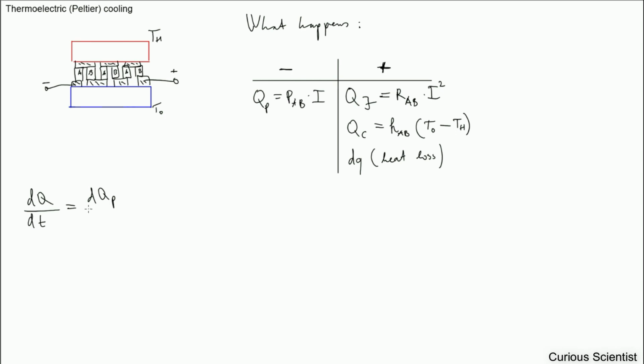You have the Peltier heat, and then you have the Joule heating, and then this is also D, sorry, and then this is from within the Peltier unit. You have the heat conduction, so that's QC, and then you have the environment as well.